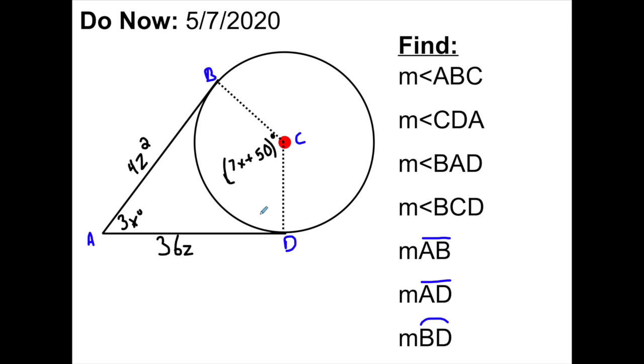So please take a moment, pause the video. If you need to, go back and take a look at anything we talked about in yesterday's video, which I'm going to have come up right now because that talks about these kinds of things. Pause the video, try finding these measurements, and when you're ready, unpause and you can see what I got.